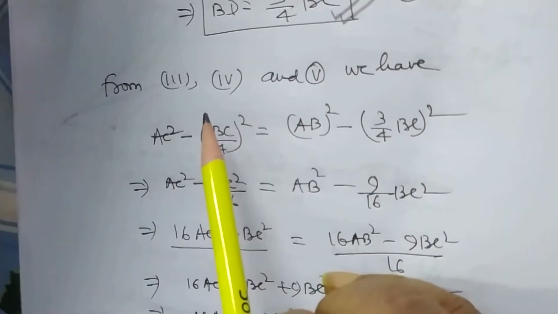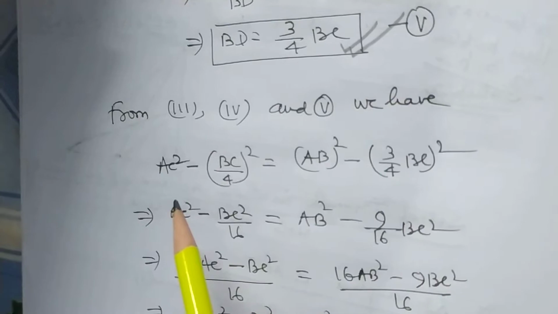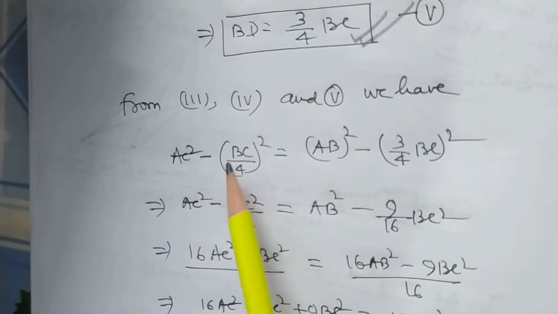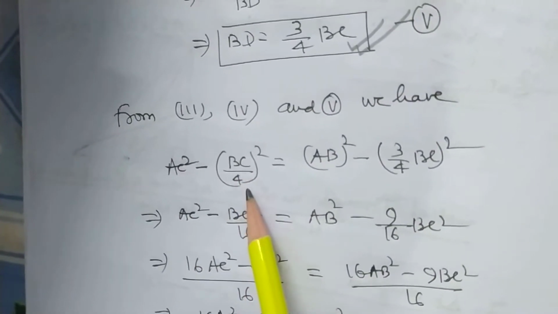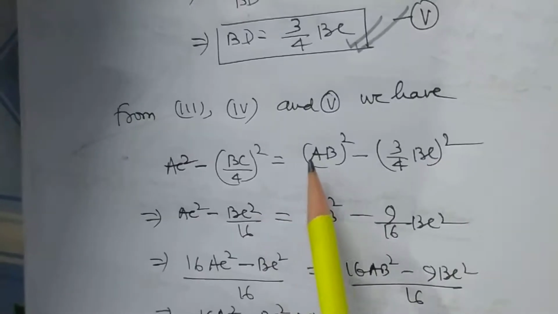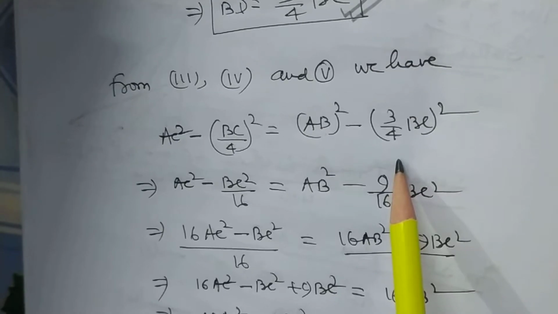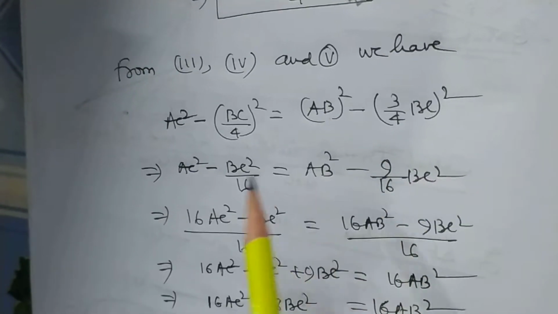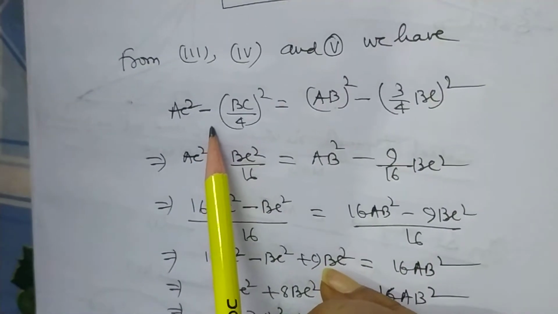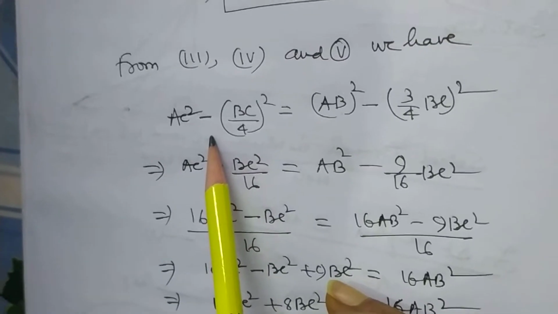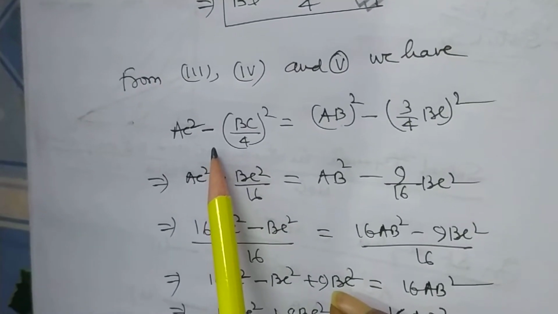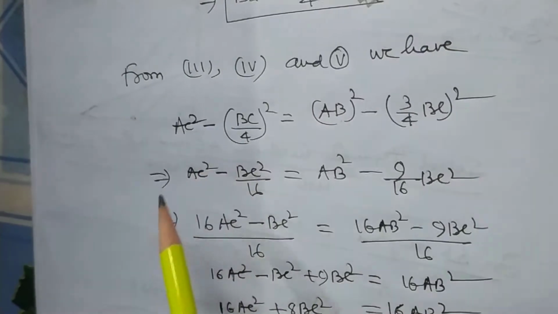Now my dear student, from third, fourth and fifth we have AC square minus (BC by 4) whole square is equal to AB square minus (3 by 4 BC) whole square. Try to understand. What is in third?